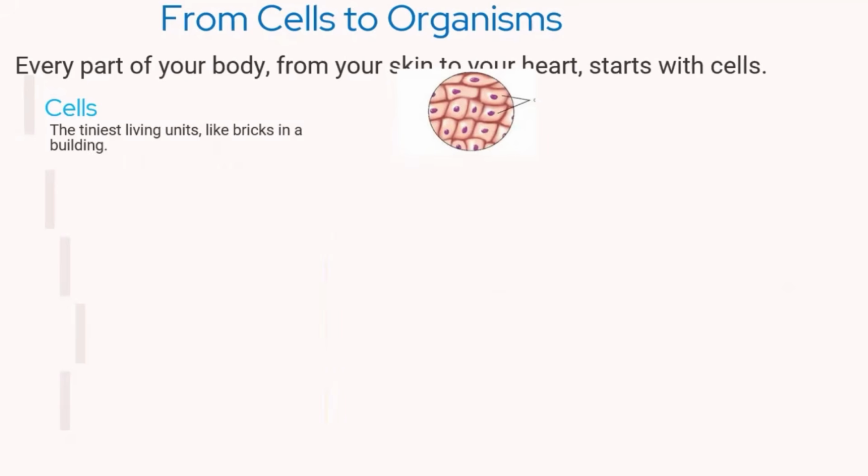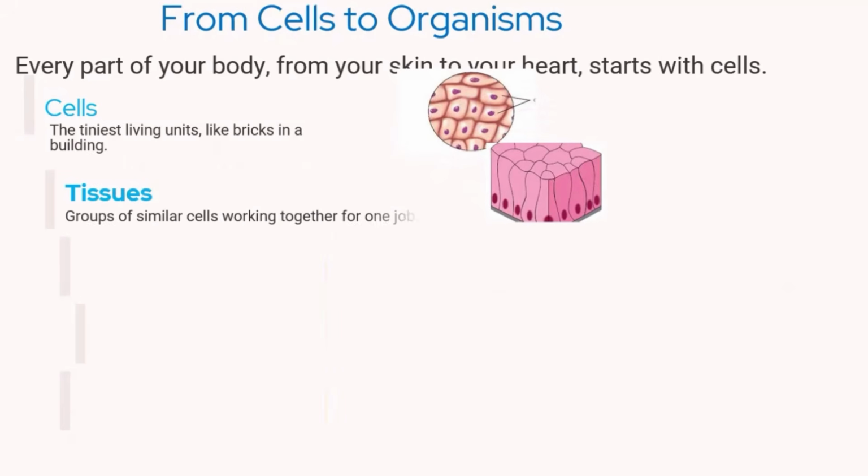These cells, as you can see, when they come together like this, they form something called tissues, as in this picture. Tissues like muscle tissues and nerve tissues work together and form something called an organ. A tissue is a group of similar cells working together to form a special function.